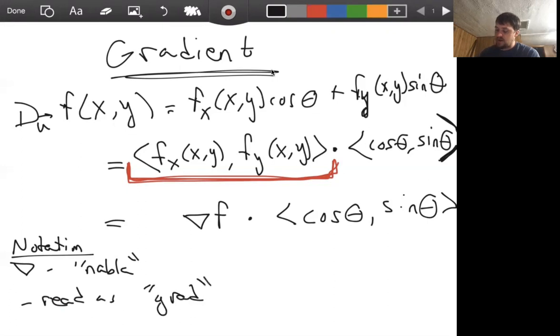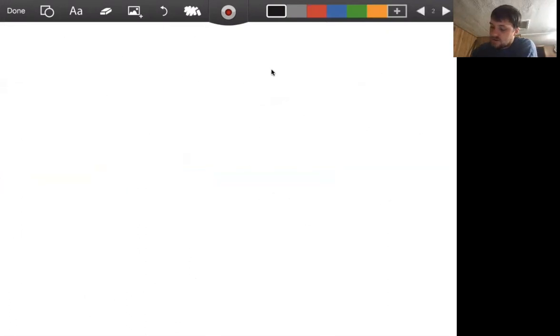So this would read grad f, or the gradient of f, dot cosine theta, sine theta. And that's our definition.